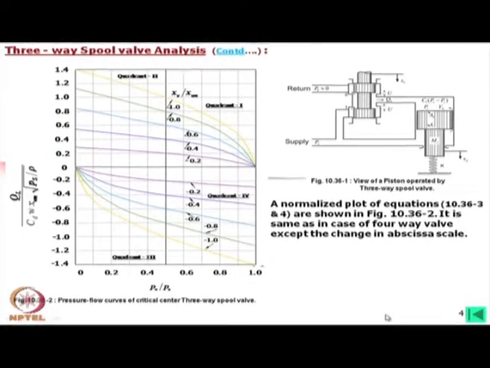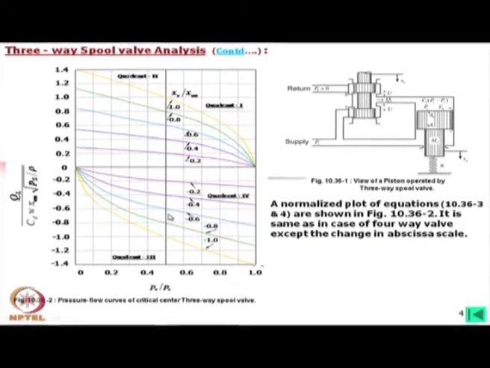Now, we can plot what equations we have written there, to study the performance of such a valve. Better to plot such a graph, and then we can understand how it is performing. Now, it is the same as in the case of the 4-way valve, except the change in abscissa scale.